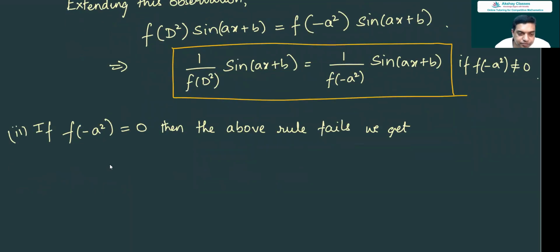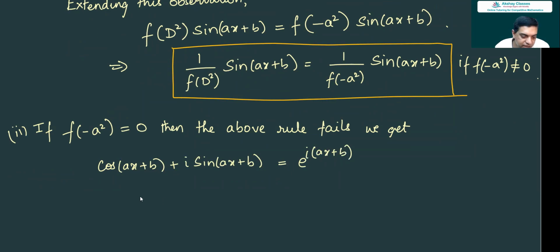We get like this. Now, cos of ax plus b plus i sine ax plus b is e power i times ax plus b. Okay. So sine of ax plus b is the imaginary part of e power i times ax plus b.